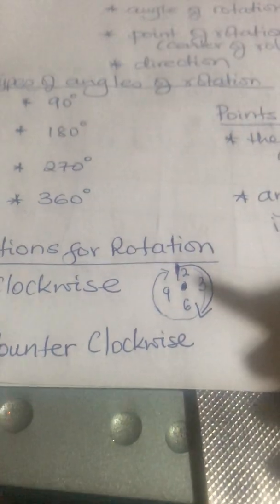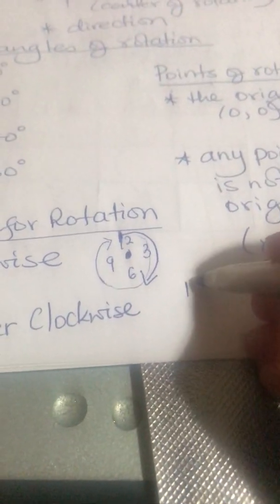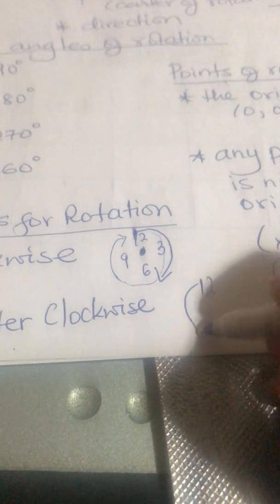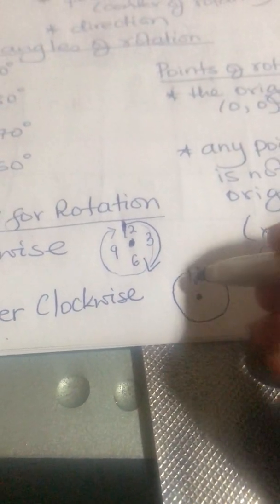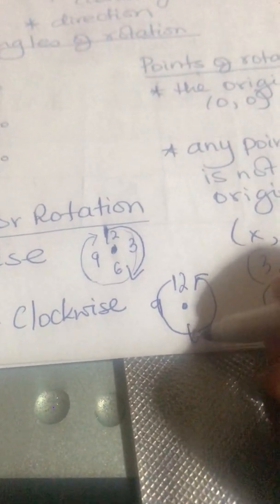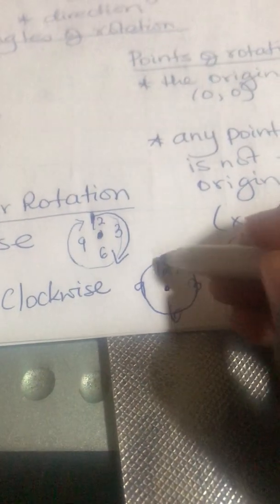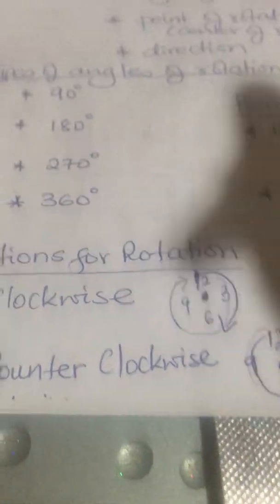This is clockwise. When you do counterclockwise, you start at 12 and go this way. You go opposite: to 12, then to 9, then to 6, and then to 3. You're going the opposite way of the clock. That's what counterclockwise means.